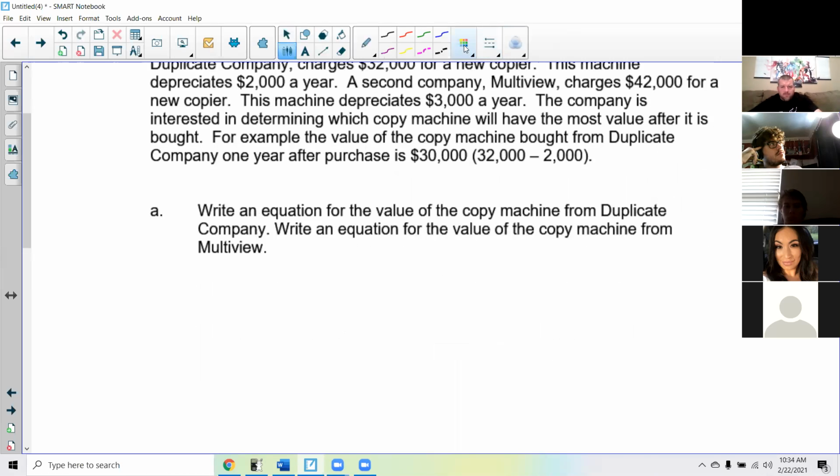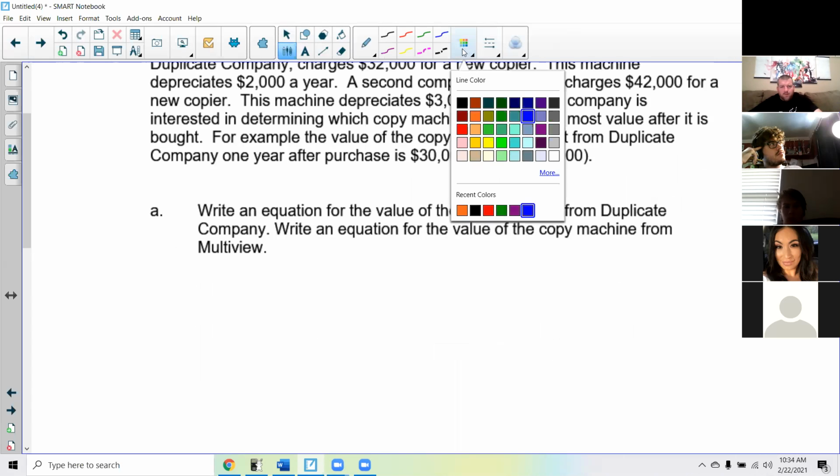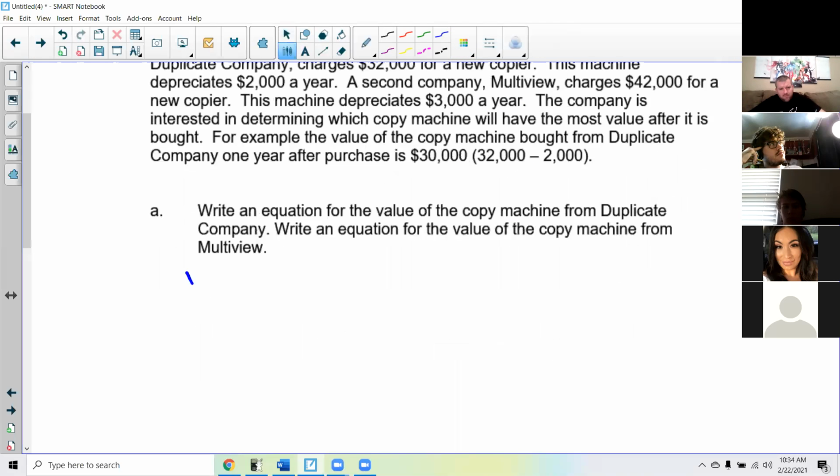We already did the first copy machine in example 1. So we'll say the value for Duplicate, V sub D, is 32,000 minus 2,000 a year. So I'm going to write it like this: negative 2,000 T, using T as the variable for years, plus 32,000.